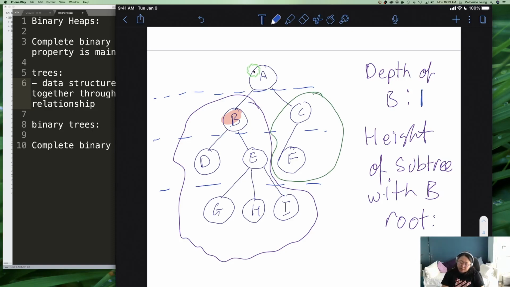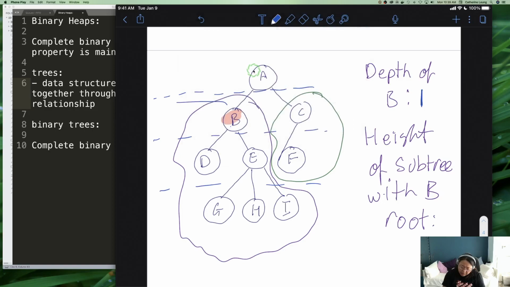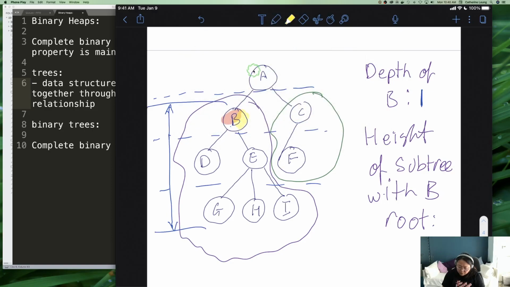The height of the subtree B, however, is measured from the root to its farthest away leaf. So B is the root of the subtree, and its farthest away leaves are G, H, and I. Those are equally far, and they're the farthest away. If I count how many nodes there are, there is a total of 1, 2, 3 nodes.